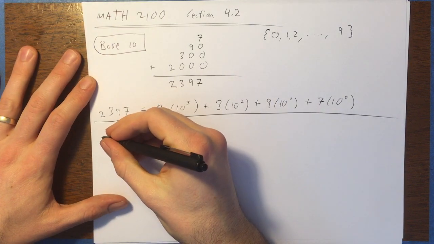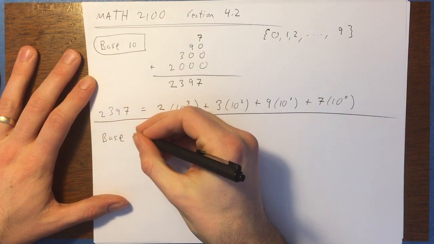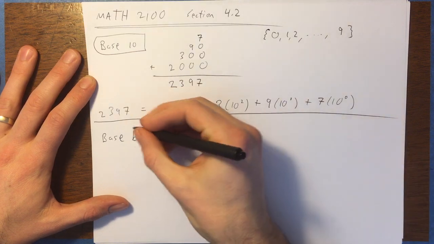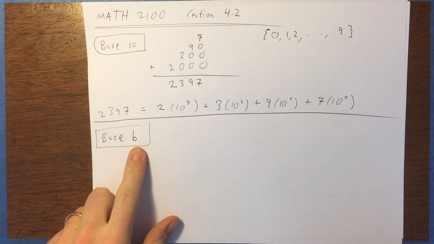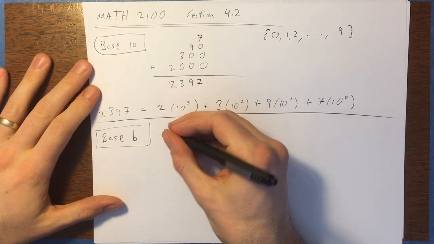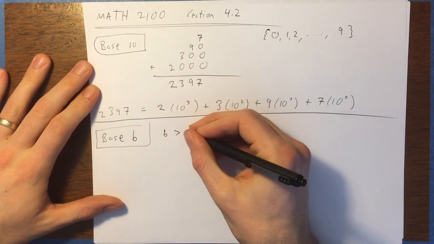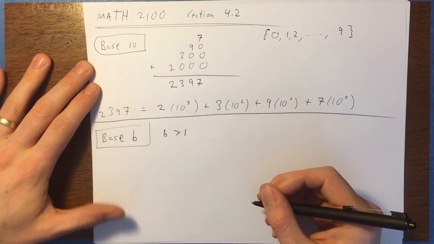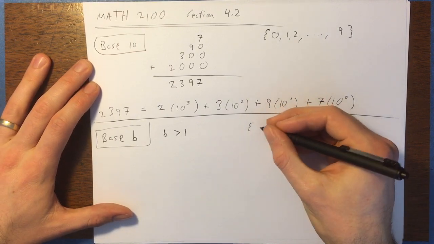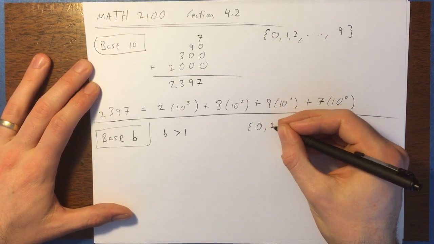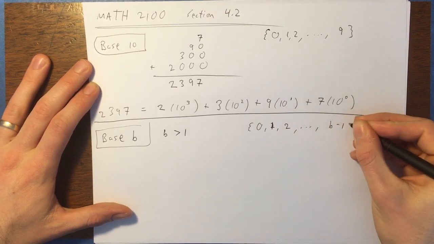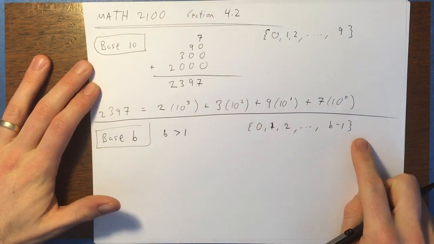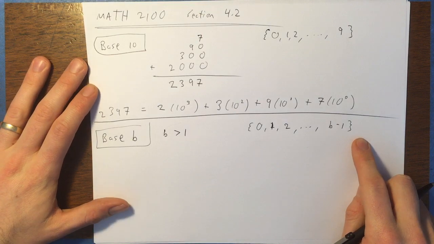But if we were to do a different number system, say base B, I'm just going to not specify what number we're going to use, but have B be the base. B should be a positive integer, and the available digits are 0, 1, 2, dot, dot, dot, all the way up to B minus 1. So the available digits are 0 through B minus 1.